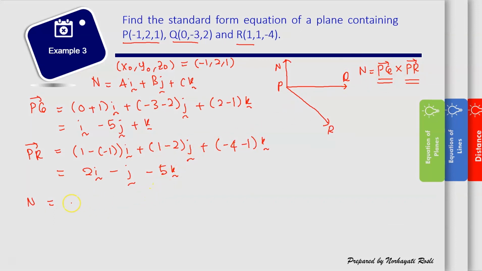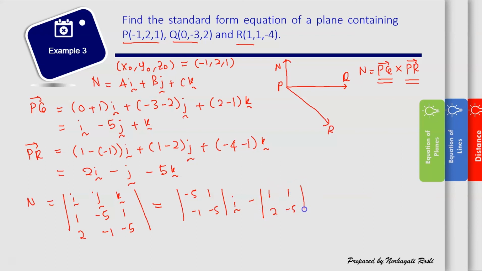This is given by the determinant of the matrix with rows i, j, k, then the coefficients of the PQ vector 1, negative 5, 1, and then 2, negative 1, negative 5. That means we will have the determinant of negative 5, 1, negative 1, negative 5 times i, minus the determinant of 1, 1, 2, negative 5 times j, plus the determinant of 1, negative 5, 2, negative 1 times k.